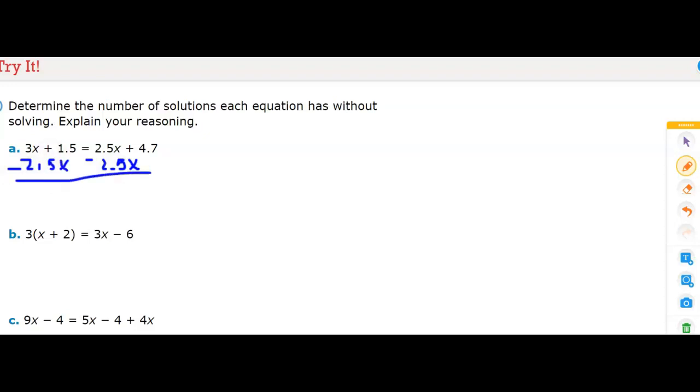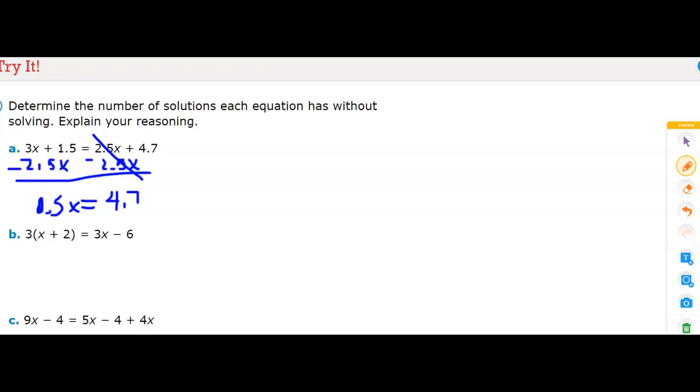We're going to get, cancel out that side, that's equal to 4 7/10. This is equal to 1 and 5 tenths times x. No, actually it's going to be 0.5 times x, and that's going to be positive.